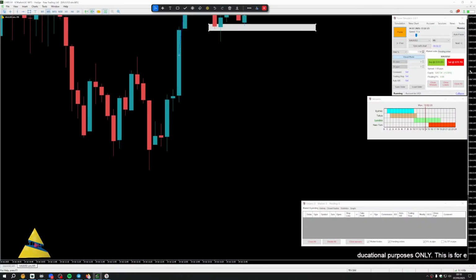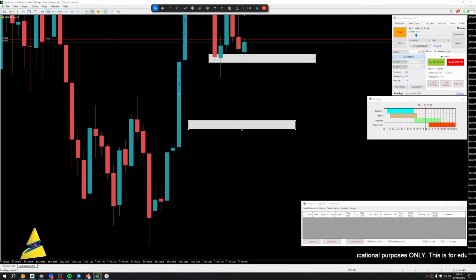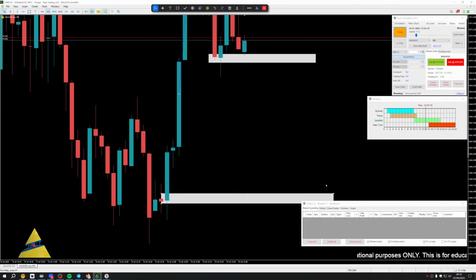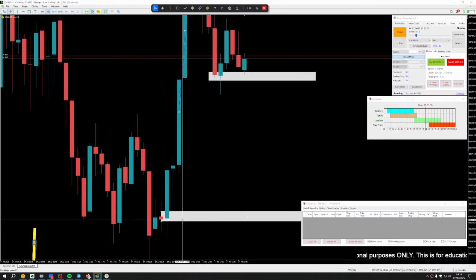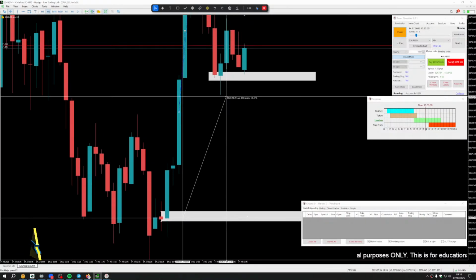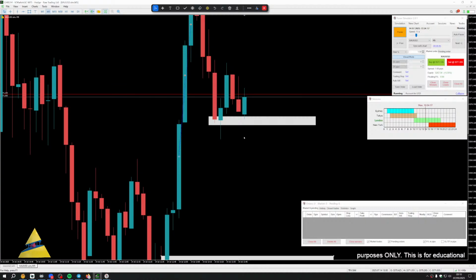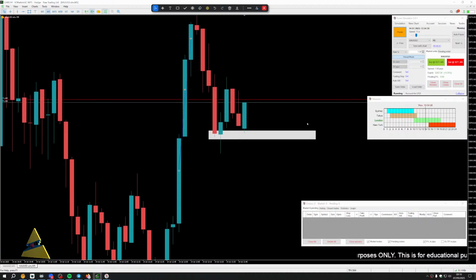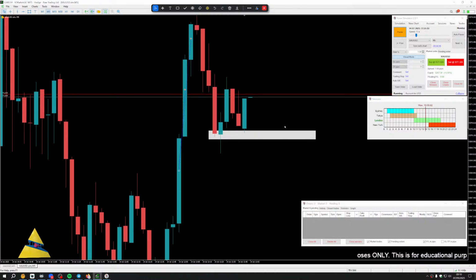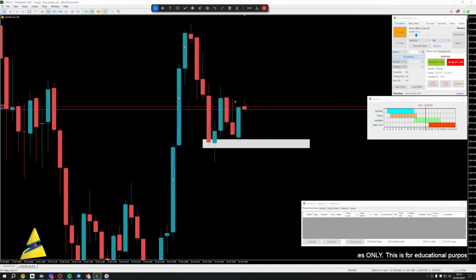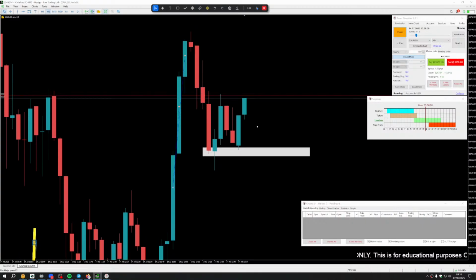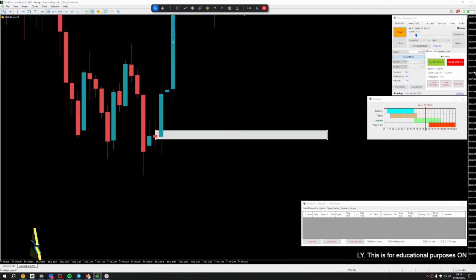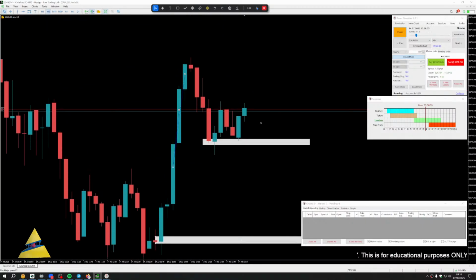Because if price can break below this support level, we can continue to move down bearish. This is the next range. Look at this, we have about a 43 pip range below the support level. But if it can consolidate before breaking that support level, even better. The more structure that we can get formed over there, the better.